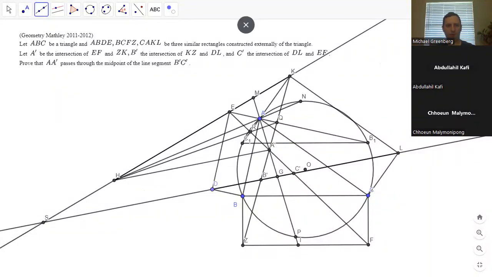Yeah, I'm not sure what to do here. Yeah, I feel like this might be a lot harder than it looks, this problem.